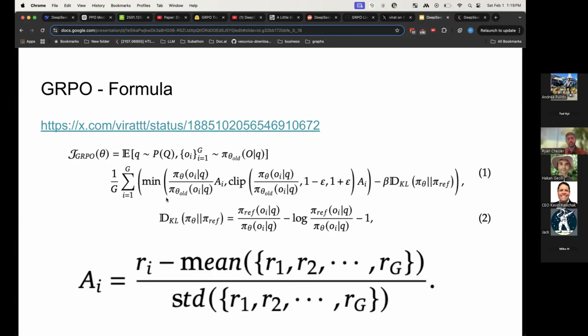So one of the things that wasn't mentioned in this is that we're trying to keep the model's initial knowledge. Whenever we're doing this training process, we're probably losing something from pre-training. And so this first piece over here is the KL divergence. This is comparing the new model against the original model before any training was done.